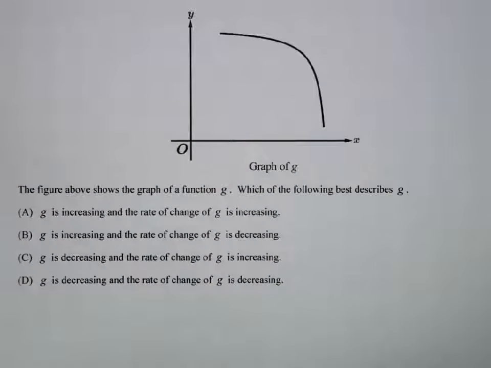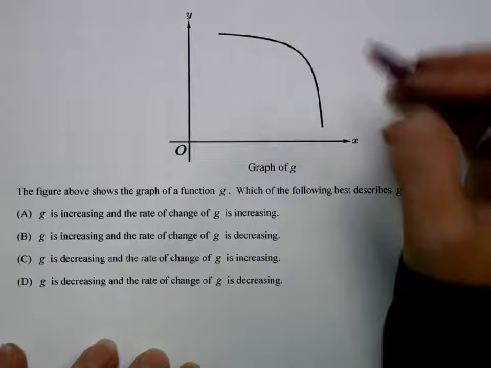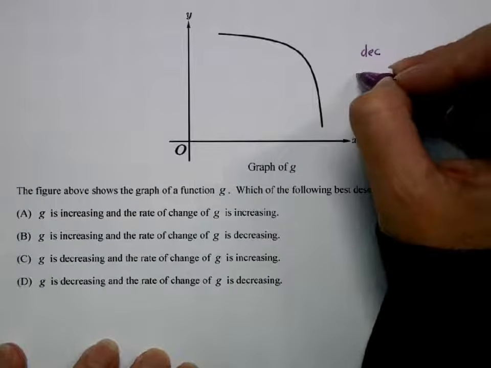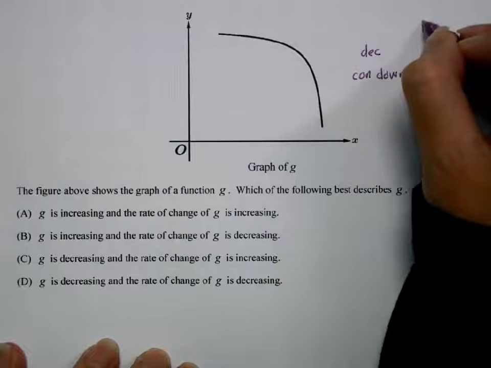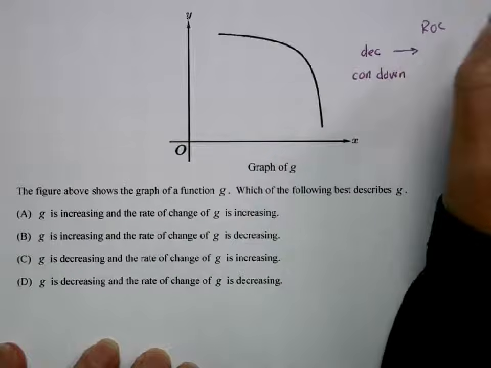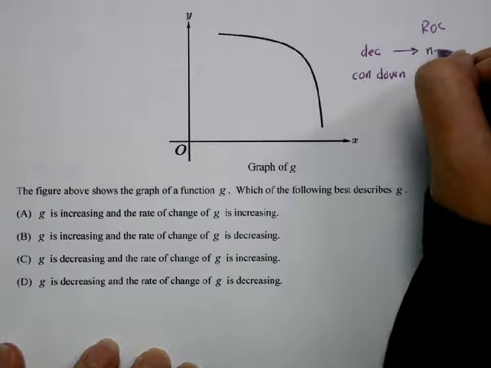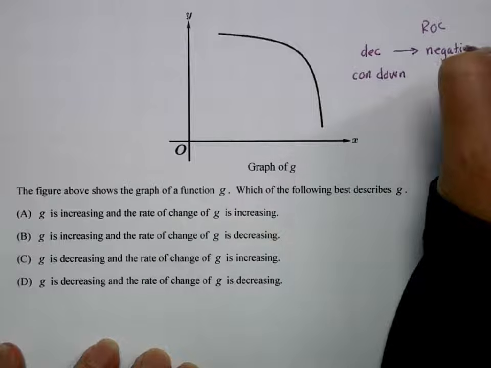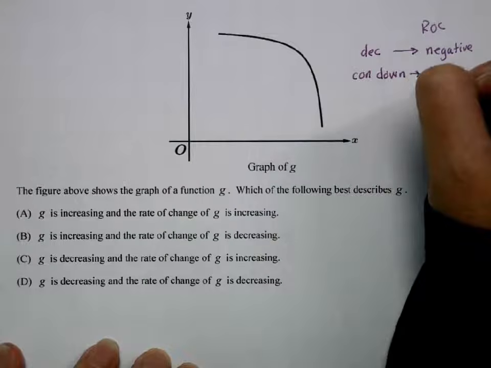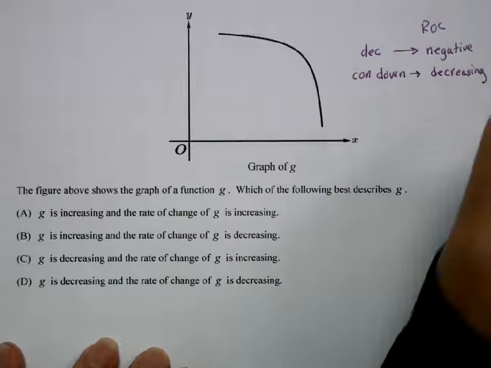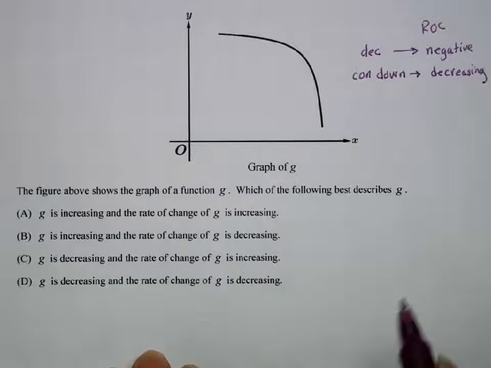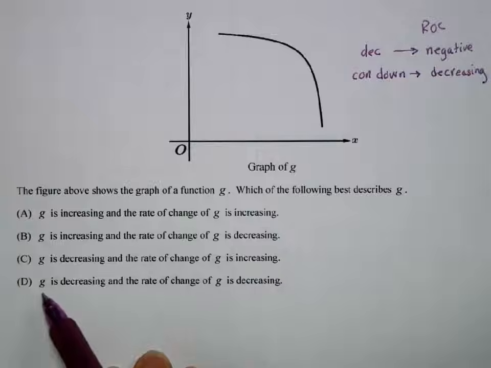This graph is decreasing and concave down, which means my rate of change is going to be negative and it will be decreasing. So we're looking for negative and G is decreasing and the rate of change is decreasing.